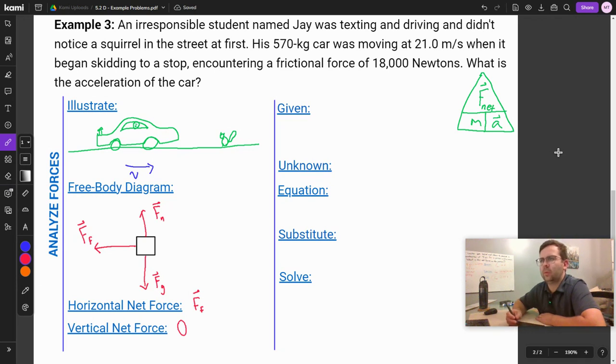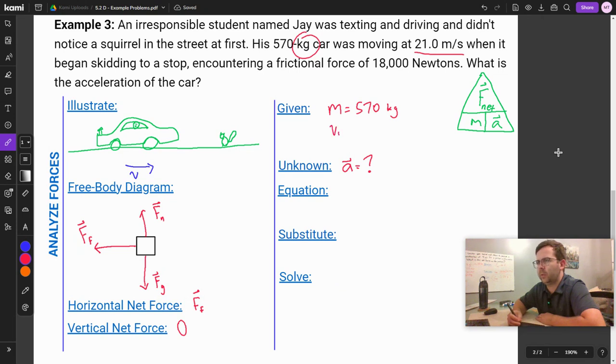So we're looking for the acceleration of the car. That's what we really want to know. That's our unknown. So I'm going to skip a step. I'm just going to write down what is the acceleration of the car. Let's write down also we have the kilograms. So that means we're given the mass of the car, which is 570 kilograms. We're also given that the car was moving at a speed of 21 meters per second before it started slowing down.